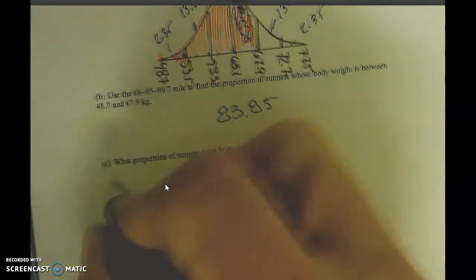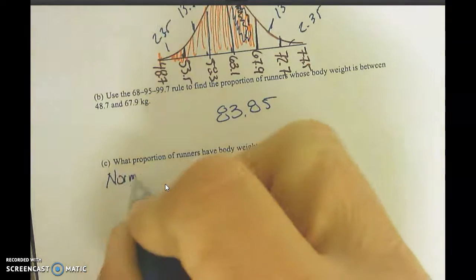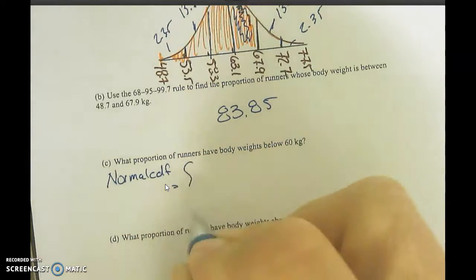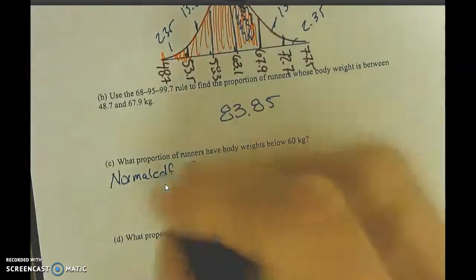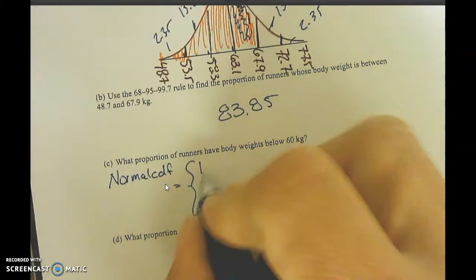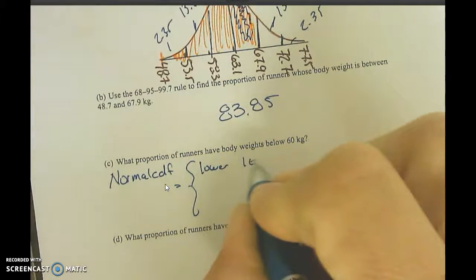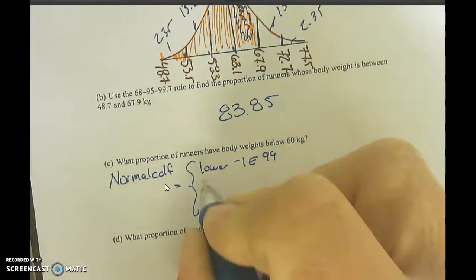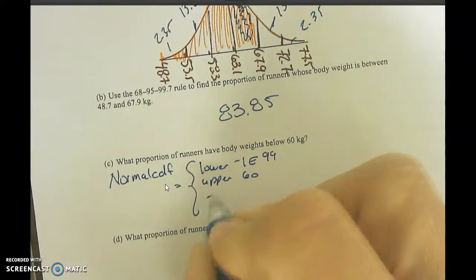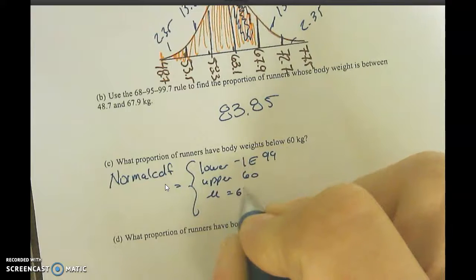C, I'm going to do my normal CDF. Below 60, so that means that my lower bound is going to be negative 1E99. Upper is going to be 60. My mean was 63.1.